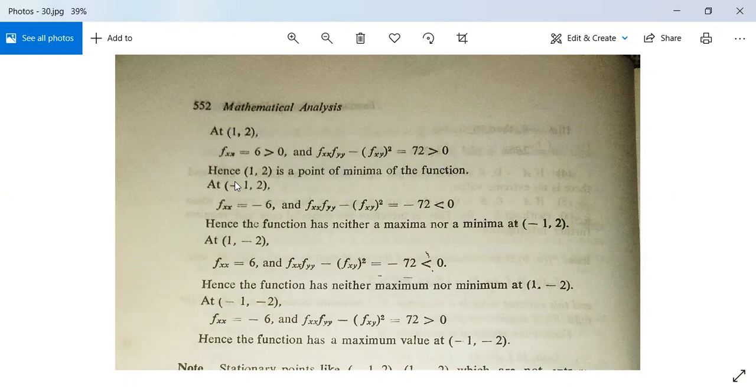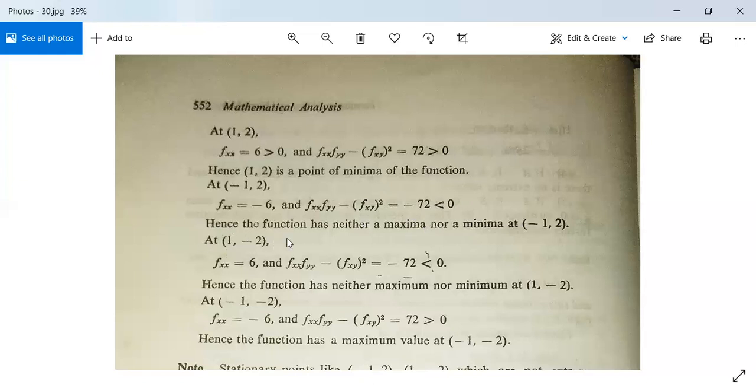Next we will check at (-1, 2). So fxx will be minus 6 and fxx fyy minus fxy whole square is minus 72, which is less than 0. So the function has neither a maximum nor a minimum at (-1, 2). It should be greater than 0, but since it is negative, the function will have neither maxima nor minima.